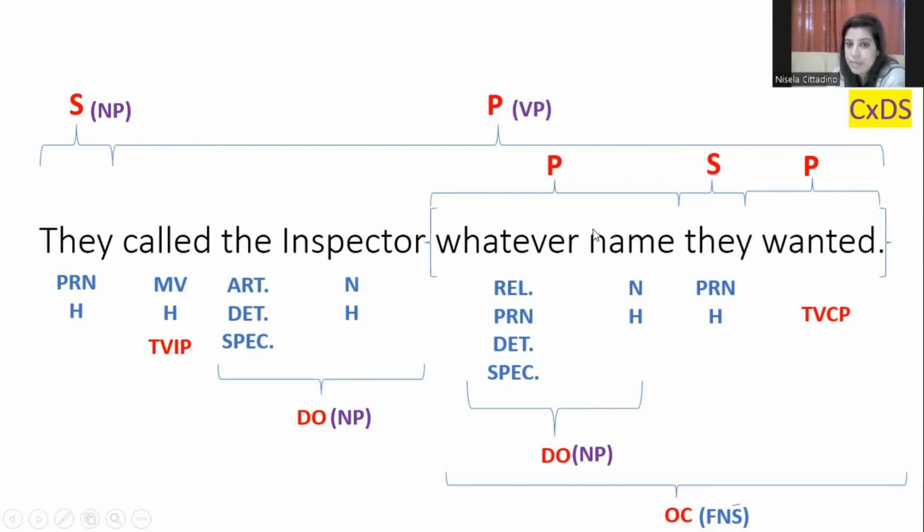Whatever name, yes, whatever is a relative pronoun, a determiner, and a specifier. Name is the head and the noun of the noun phrase. Yes. And here you have the initials for complex declarative sentence.